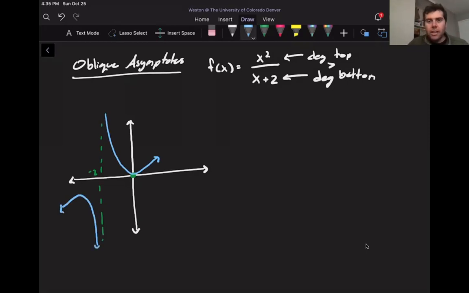So what I'm interested in talking about today, though, is the oblique asymptote. That is, this graph, when you zoom out, looks like it becomes almost straight and approaches the line y equals x. So let's talk about why that happens.